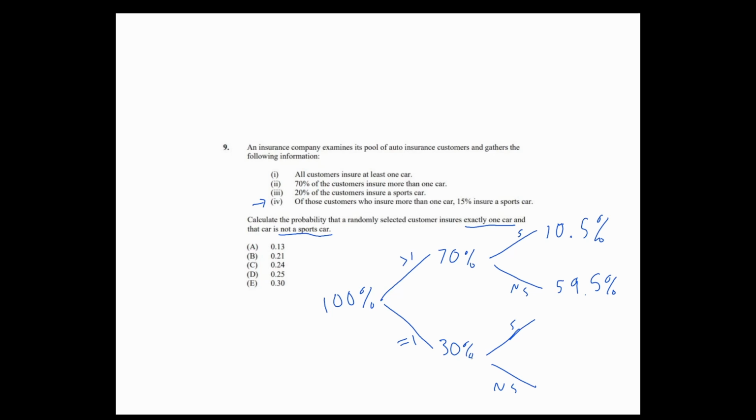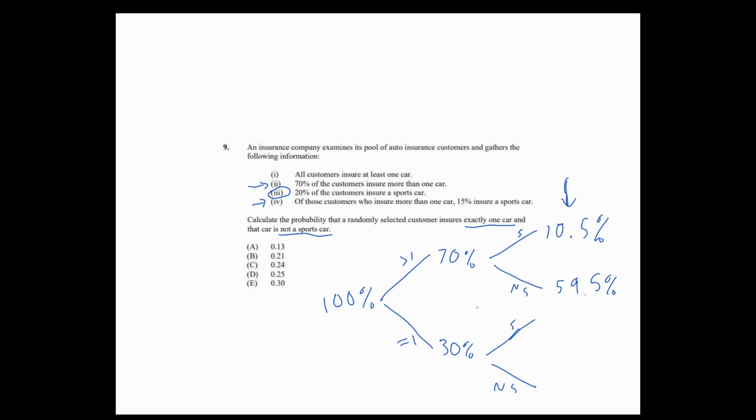The next piece of information we are given: we used the 70% from point number 2, now we need to use point number 3. 20% of the customers insure a sports car. This means 20% of all customers insure a sports car. We know 10.5% of all people insure a sports car and also insure more than one car.